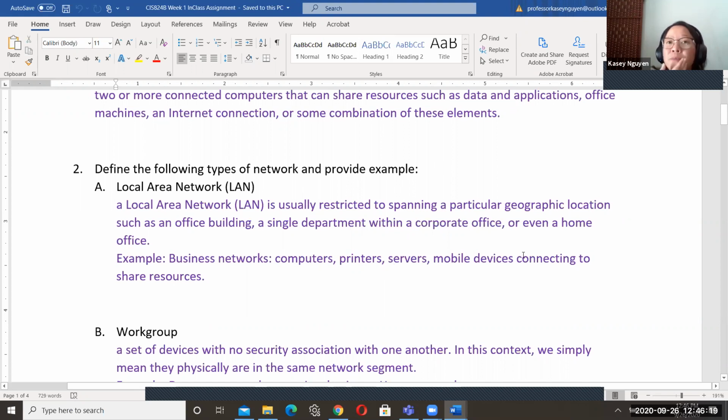In some cases, we would have a mix of the wired network and the wireless network. So we would have mobile devices. In most cases now we do.